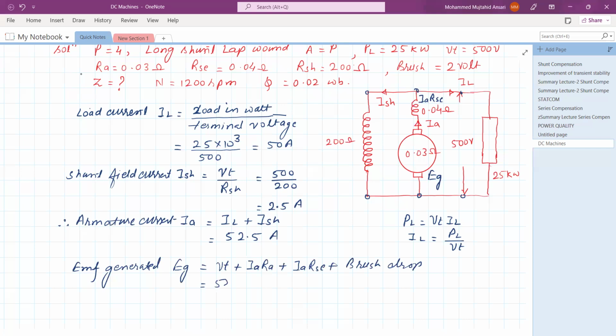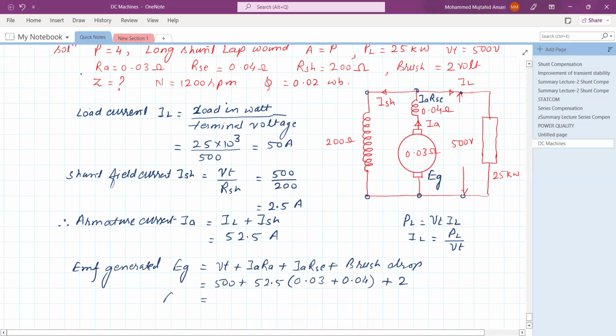So it is 500 plus 52.5 into (0.03 plus 0.04) plus 2. So the EMF generated EG equals 505.67.